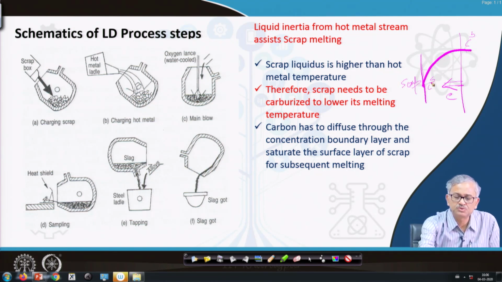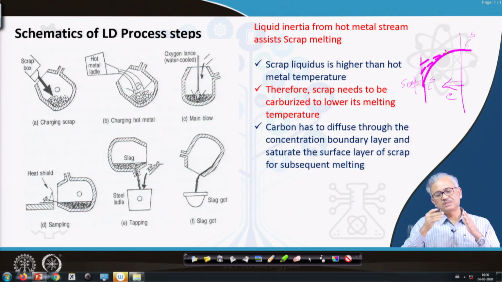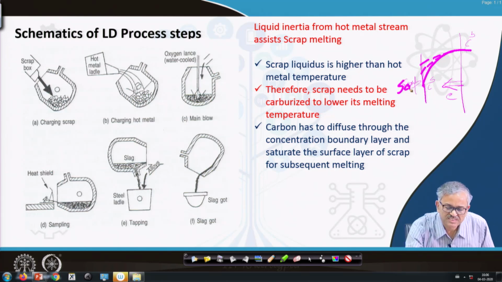Carbon has to diffuse through it, and with time this profile will go on changing like this, and then like this. With time the concentration at the surface will increase, as a result the scrap also changes.